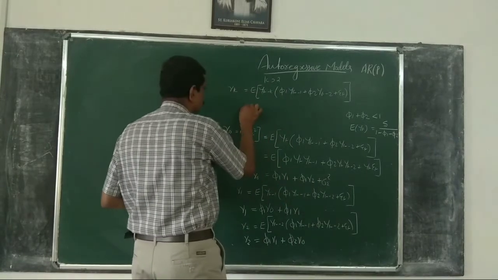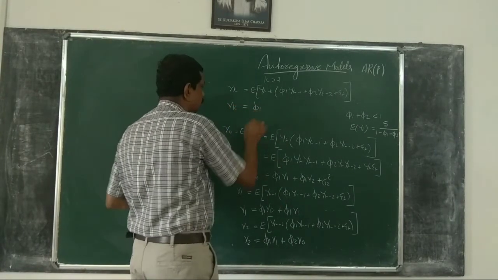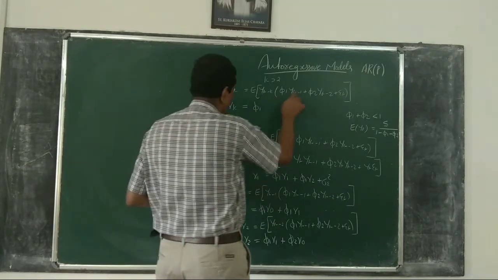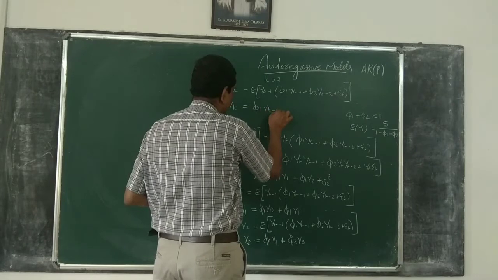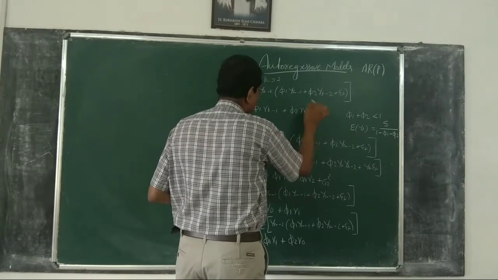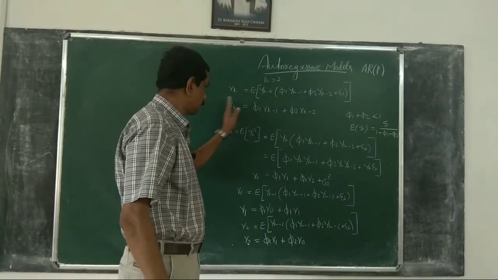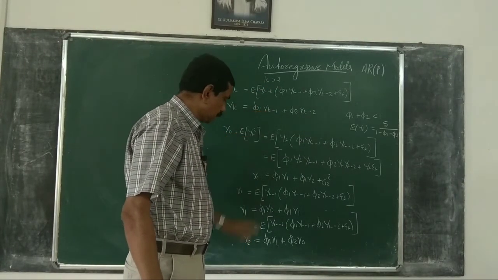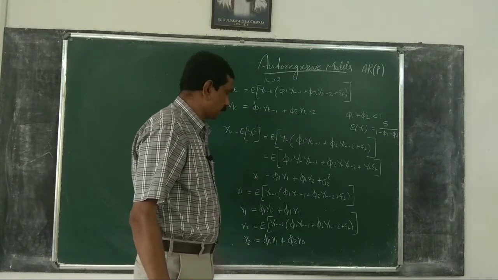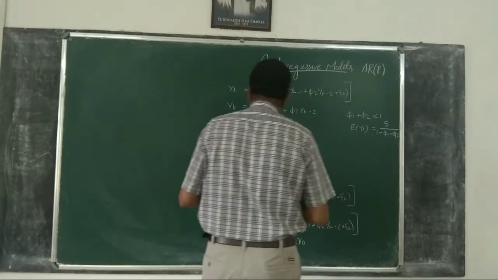So gamma k is equal to phi1 gamma k minus 1 plus phi2 gamma k minus 2. For k greater than 2, gamma k is equal to phi1 gamma k minus 1 plus phi2 gamma k minus 2. So let me write these results alone.